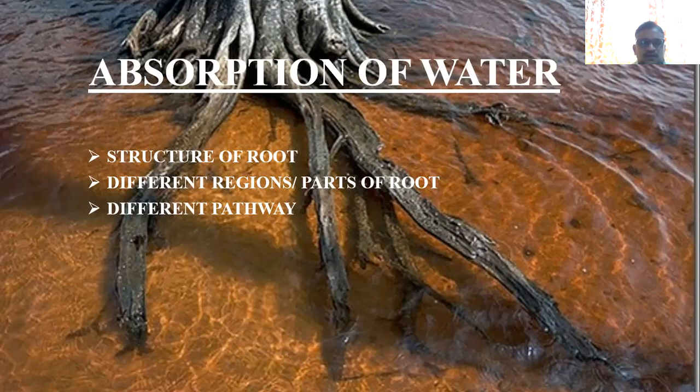Root hairs are hair-like structures or prolongations present at the tip of the root, and they are nothing but elongated epidermal cells through which absorption of water takes place.